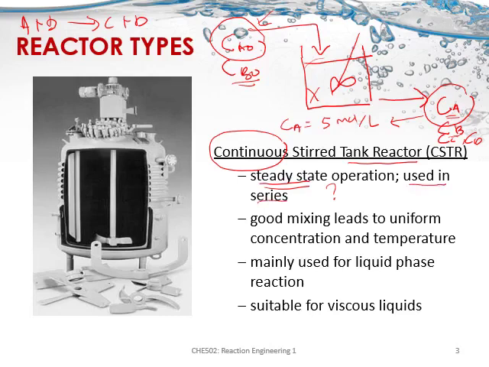It is commonly used in series, so you have more than one CSTR arranged in series. We will learn the advantage of series CSTRs in the next chapter. Good mixing leads to uniform concentration and temperature, mainly used for liquid phase reactions, and suitable for viscous liquids.